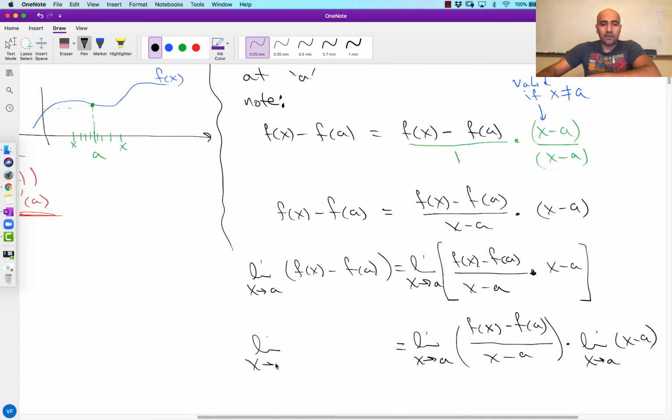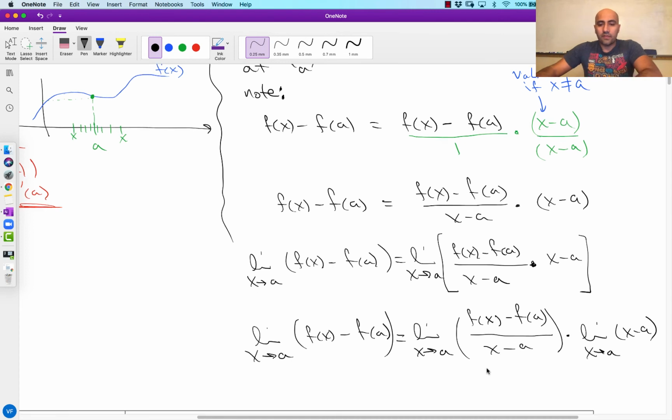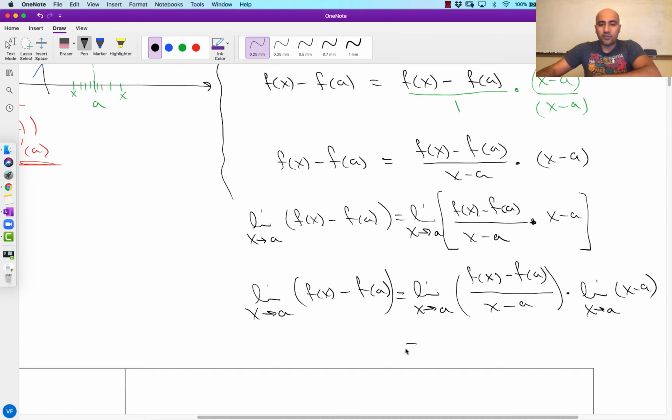The limit as x approaches a of f of x minus f of a. Well, we know this exists. This is the definition of the derivative. This is, by definition, equal to f prime of a.